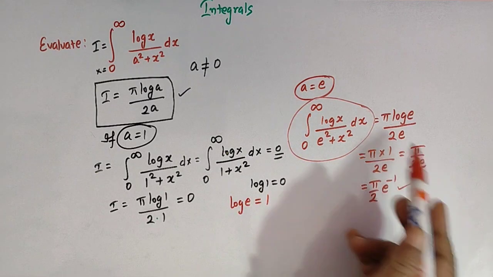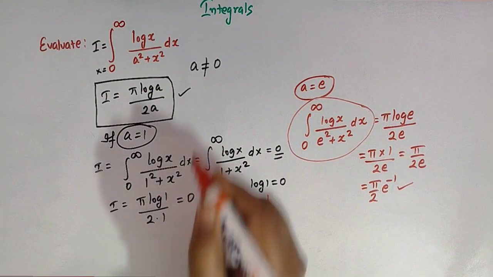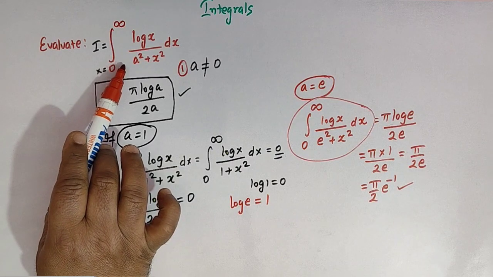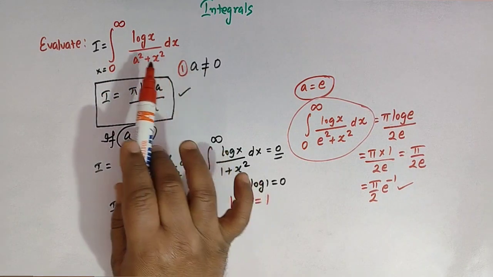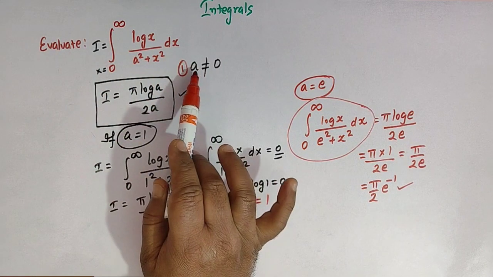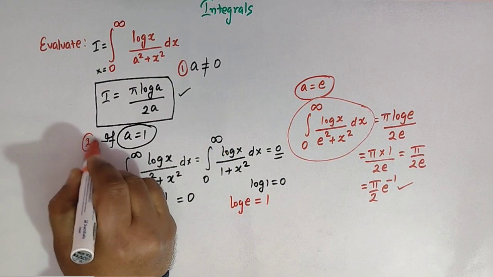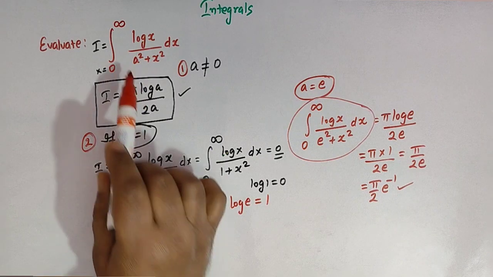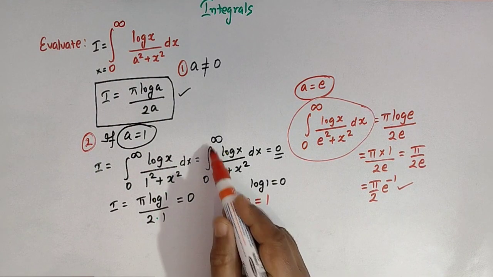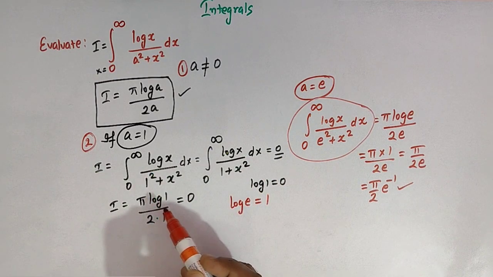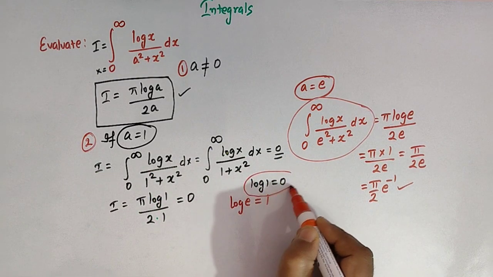So here we have made three deductions. The first one is that this integral is not defined for a is equal to 0, so a should not be equal to 0, right? The second one is that if a is equal to 1, then the value of this integral is 0 because log of 1 is equal to 0, right?